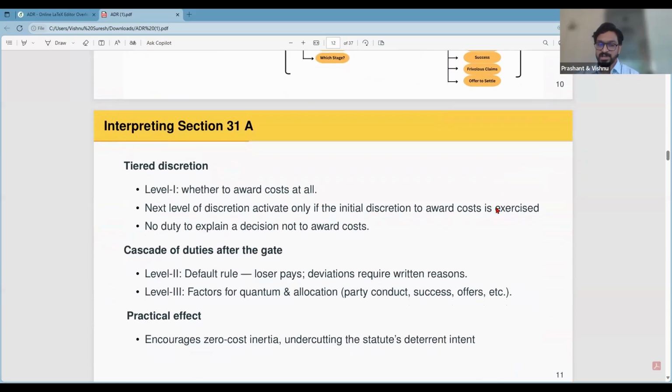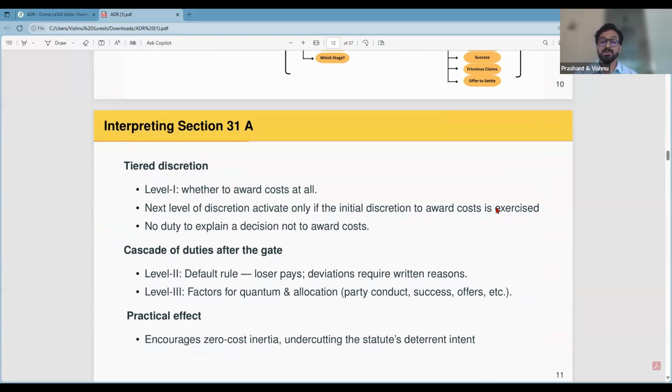The first level of discretion is to decide whether cost has to be imposed or not. Despite the Law Commission saying that we need a robust regime on Section 31A, there is a first level of discretion given to the courts and tribunals to decide whether cost has to be imposed in any of these cases.